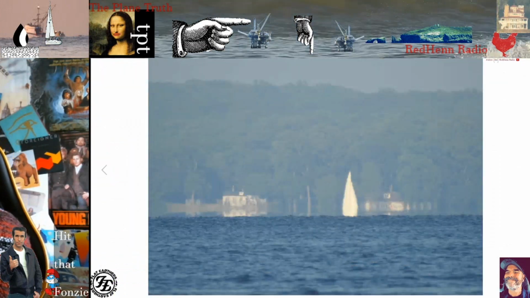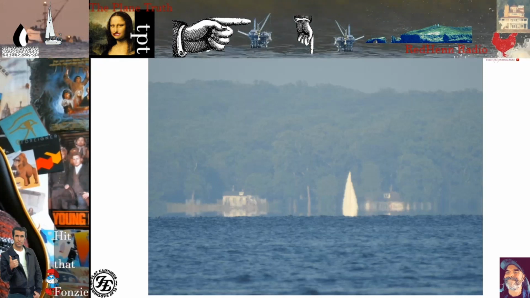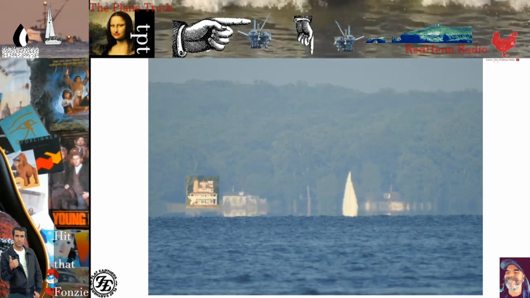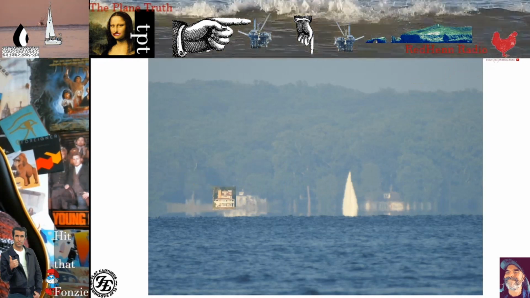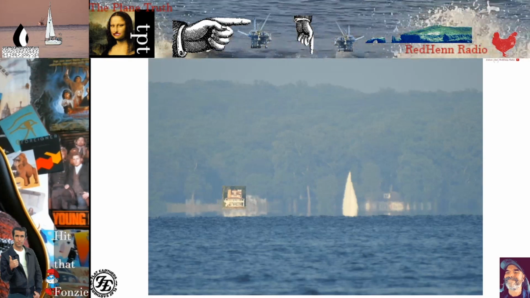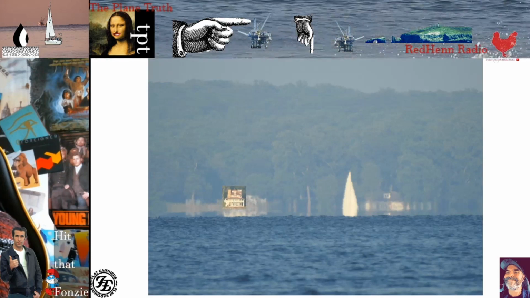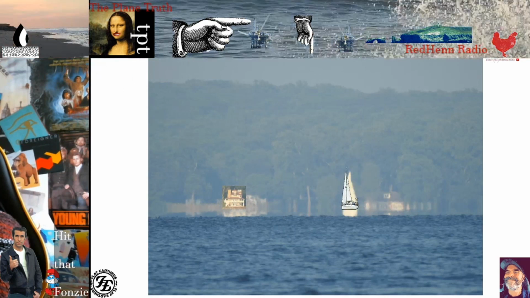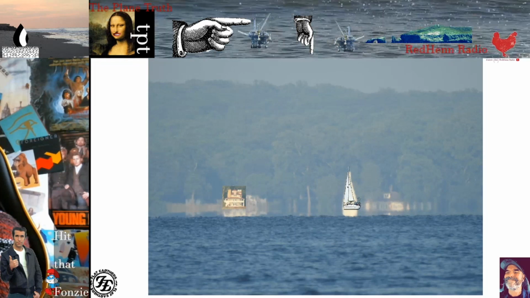Okay, so I guess I'll just do it because I have this one pulled up. All right, see this house right here? Just pretend like this is the house, right? It's right there. It's right there. And this sailboat is right there. That's the sailboat. The sailboat's right there.